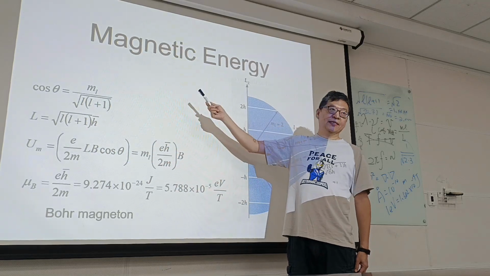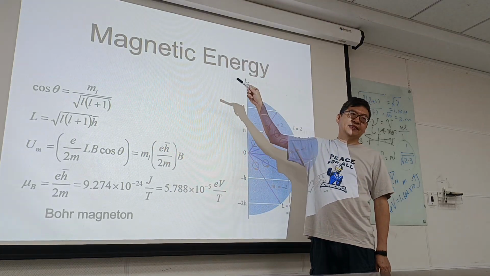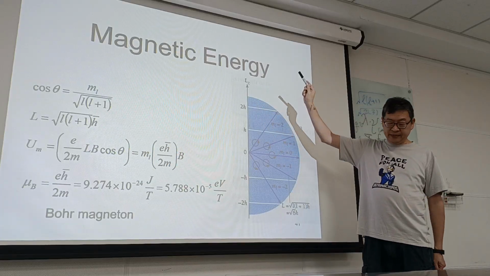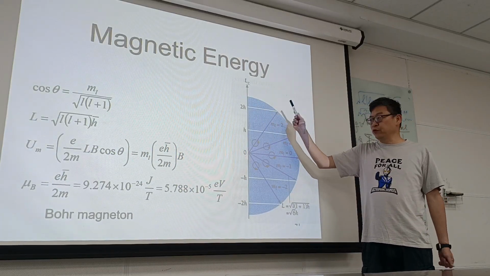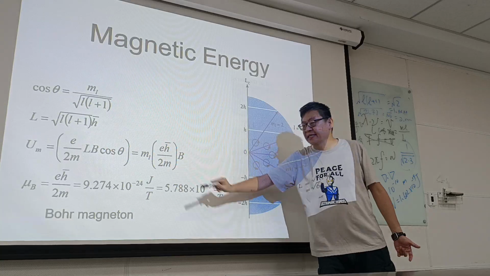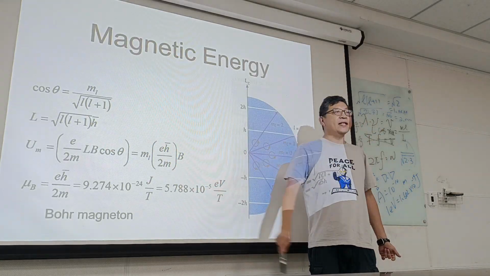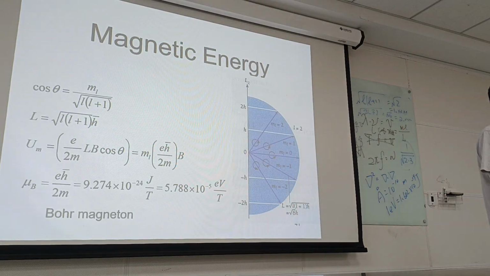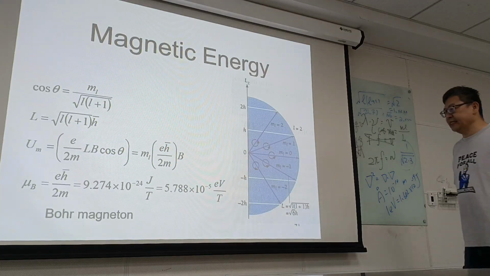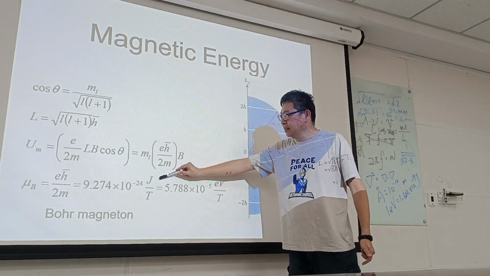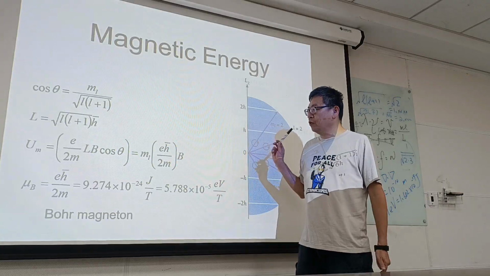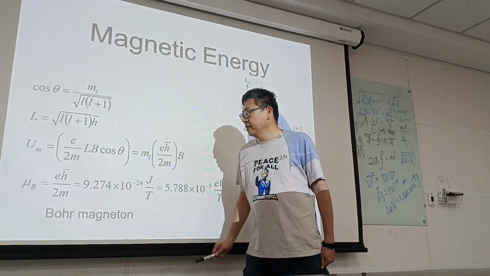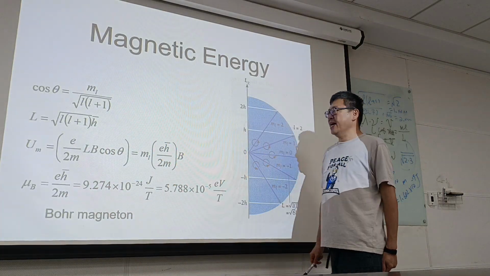H bar is a constant, 6 point something times 10 to the minus 34 divided by 2 pi. 2 is a constant. m is the mass of electron. So this is a constant. We call it mu B equal to Bohr magneton.